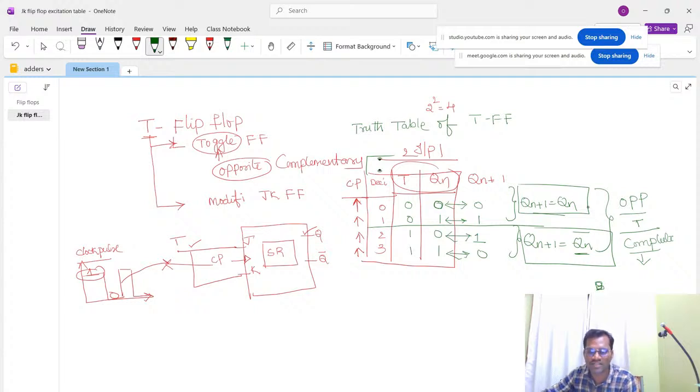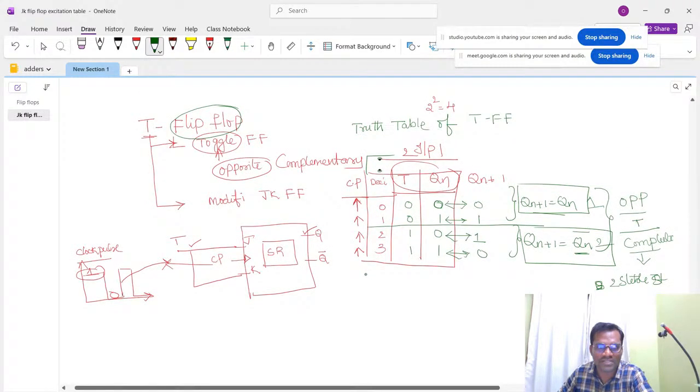How many stable states are there? This is one stable state, this is another stable state. If two stable states are there, this is called a flip flop. A flip flop should always have two stable states, only then is it called a flip flop. Okay, so this is how we got the truth table of a T flip flop.